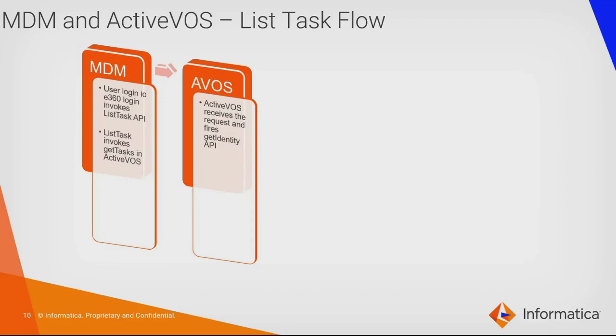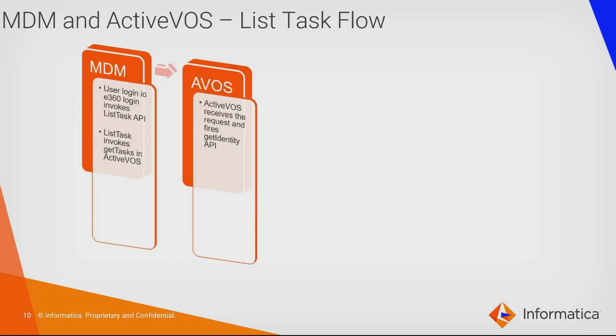So if user DS1 logs into MDM and an API call is instantiated for that user, ActiveVOS will receive that call, but it will still check with MDM what roles the user has, whether it has a data steward role, a manager role, or some other roles assigned as well.